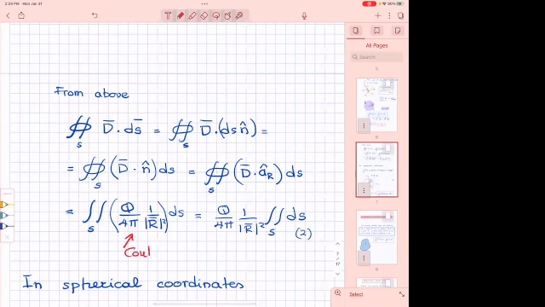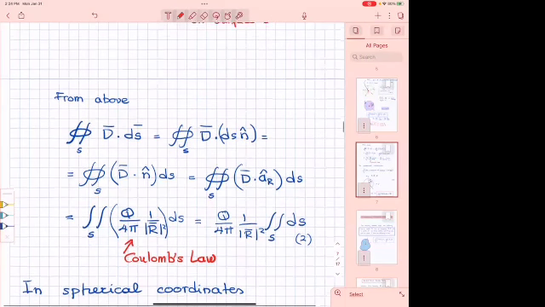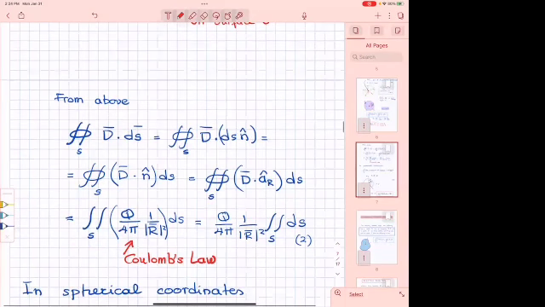And then what happened using Coulomb's law is you find that the a_R dot a_R is nothing else but 1, because D has the direction of a_R.